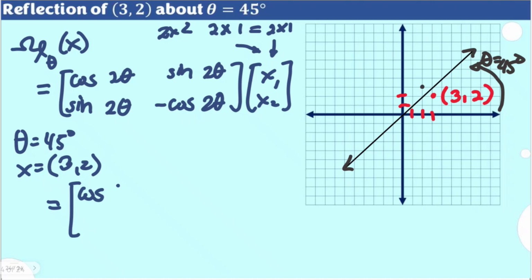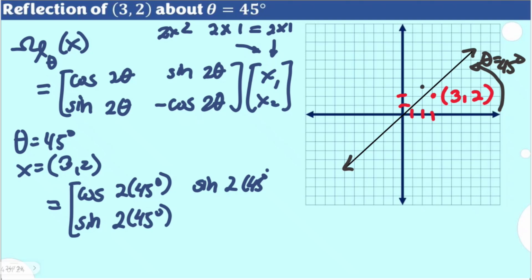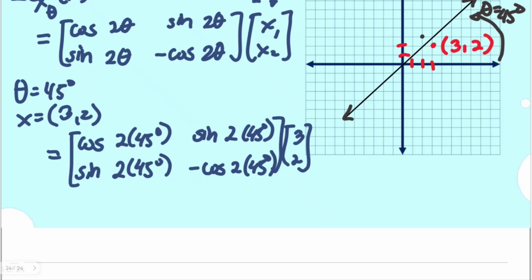Cosine twice of 45 degrees, sine twice of 45 degrees, sine twice of 45 degrees, and negative cosine twice of 45 degrees, to be multiplied with 3 and 2 as the components for your x.